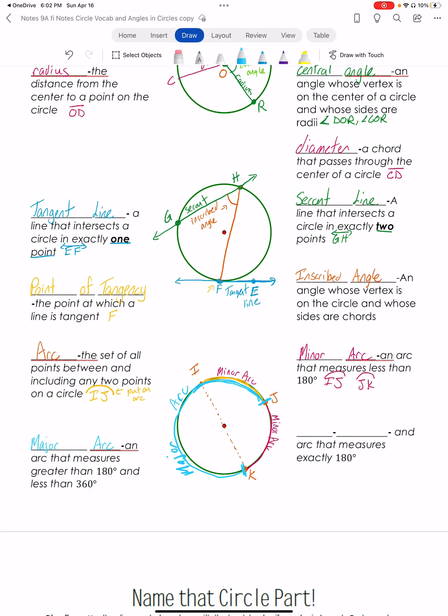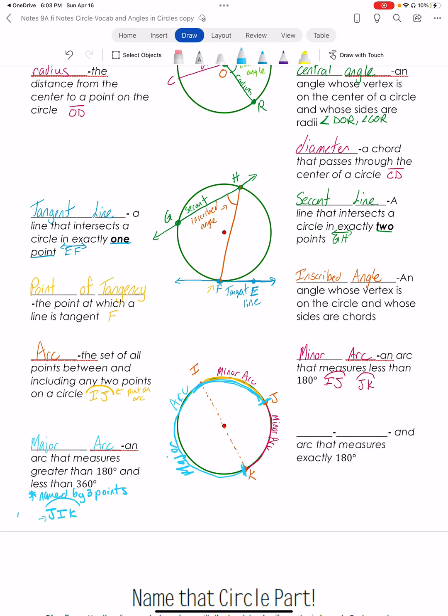The thing with a major arc is it has to be named by 3 points. So if I were naming that blue arc that I just drew, I would name it JIK or KIJ. I put an arc over it.